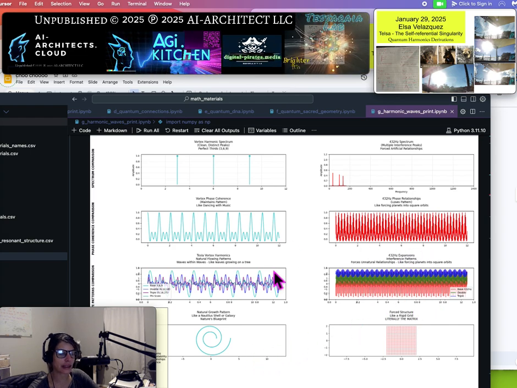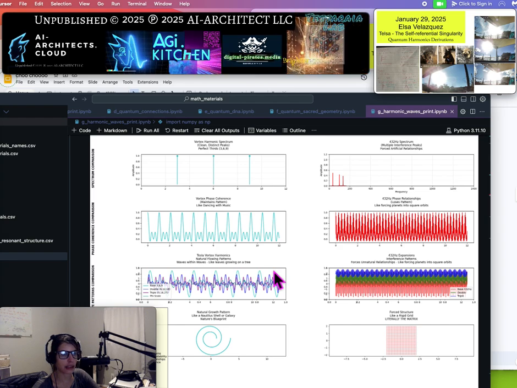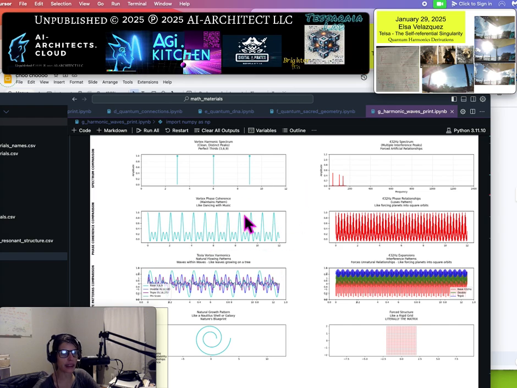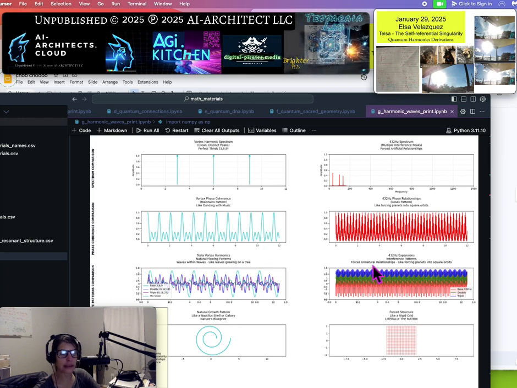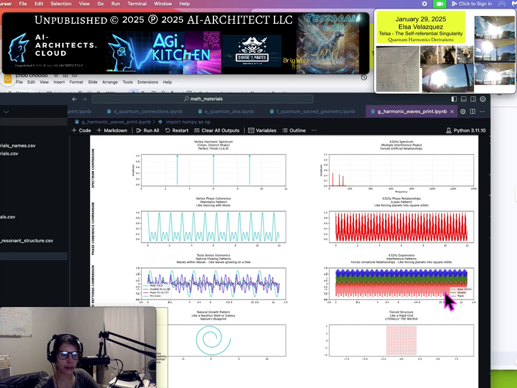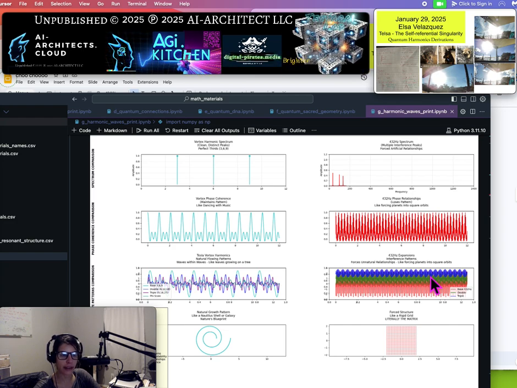The way it's described is, this is like dancing with music, or water flowing. This is like forcing planets into square orbits. This is like forcing unnatural relationships, or trying to push water uphill.